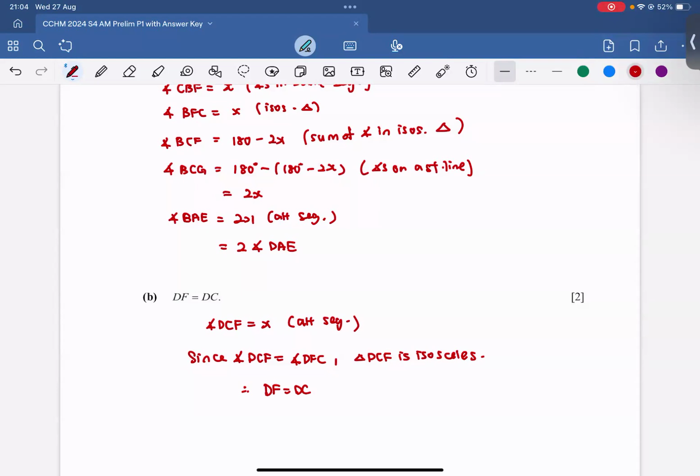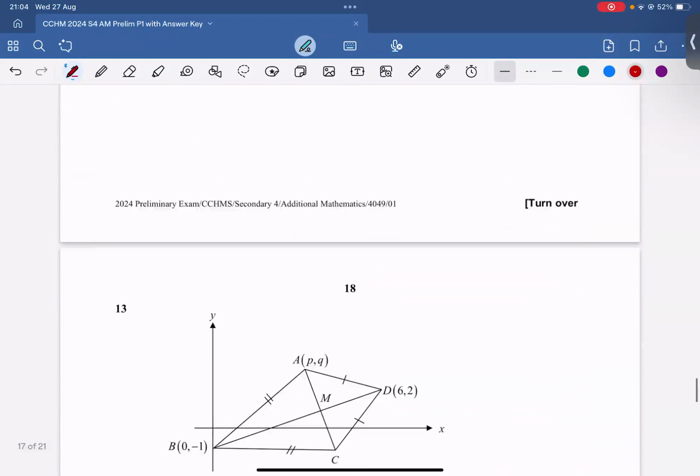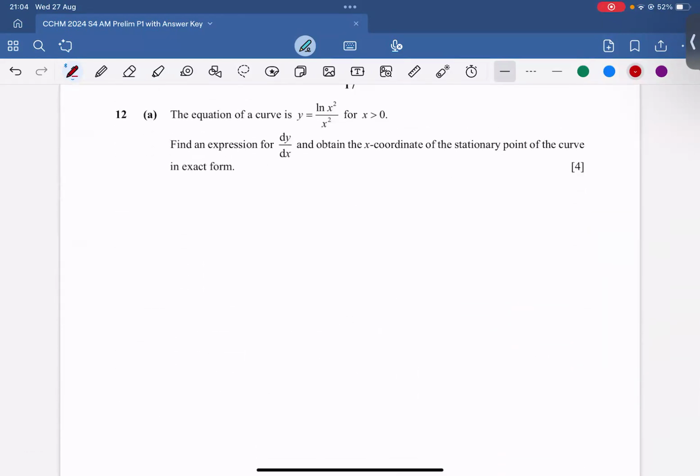Okay, let's finish up the last two questions. The equation, this x is more than 0, find an expression, the stationary point in exact form. It could be difficult to differentiate this for some of you. To differentiate ln, just keep differentiate on top, then copy down the denominator. I'm using quotient rule.